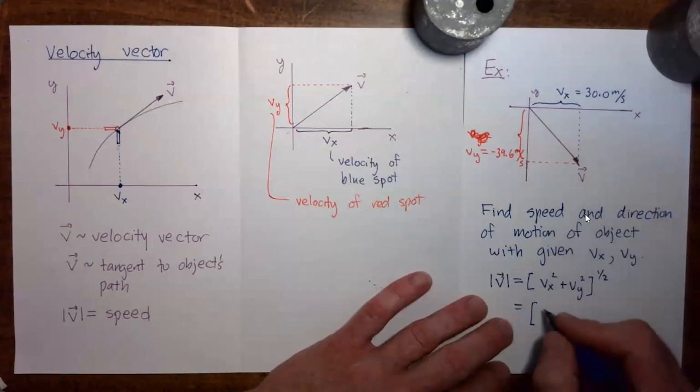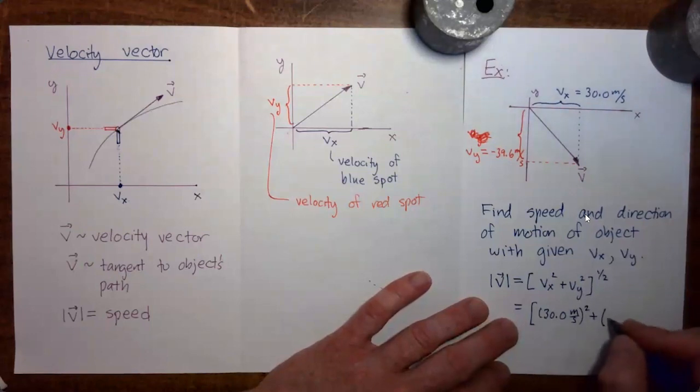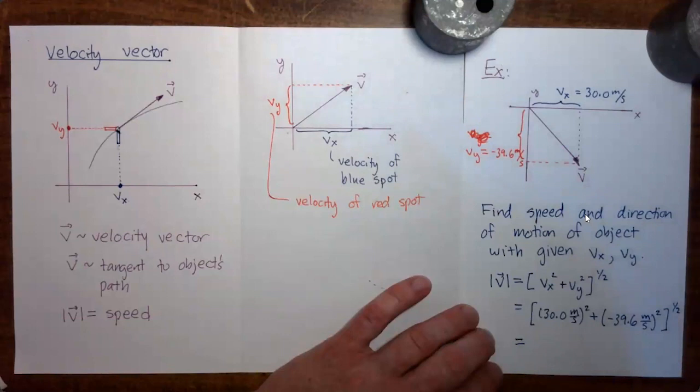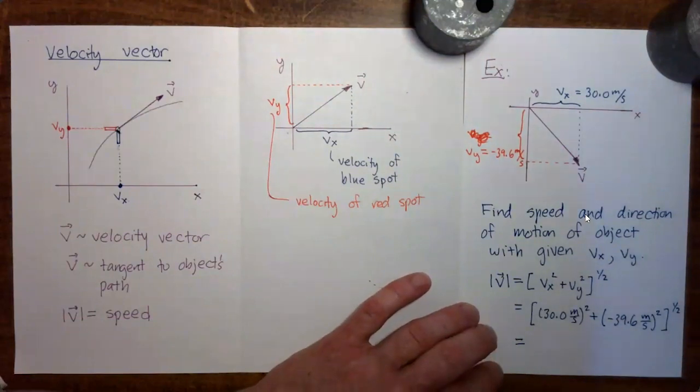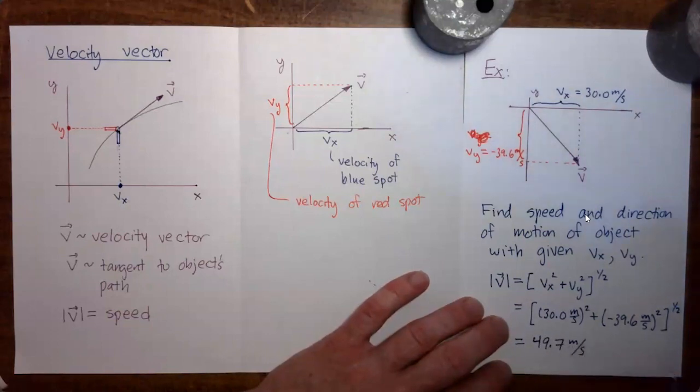So we have Vx, 30.0 meters per second, quantity squared, plus Vy, minus 39.6 meters per second, quantity squared, square root. And this gives us 49.7 meters per second.